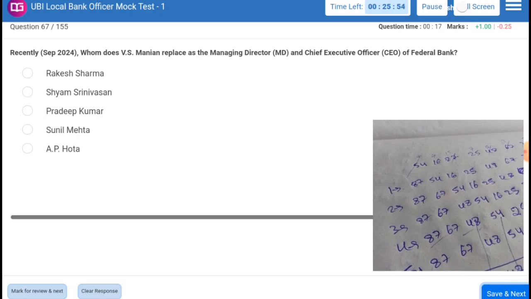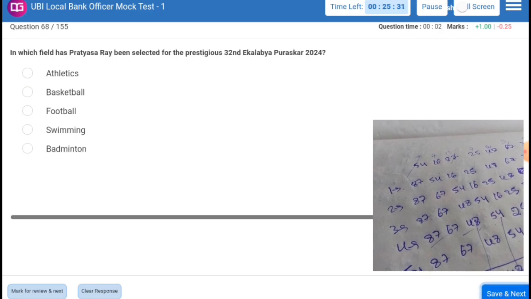Whom does V.S. Manian replace as the Managing Director and Chief Executive Officer of Federal Bank? I think Rakesh Sharma or AP Hota. Shyam Srinivasan, I think. Pratyasa Ray.